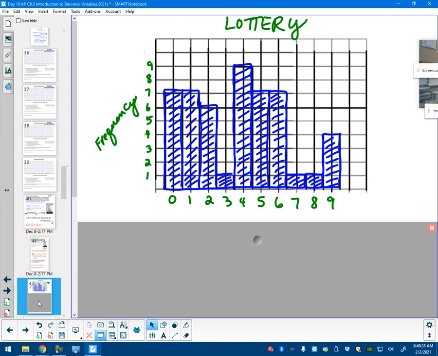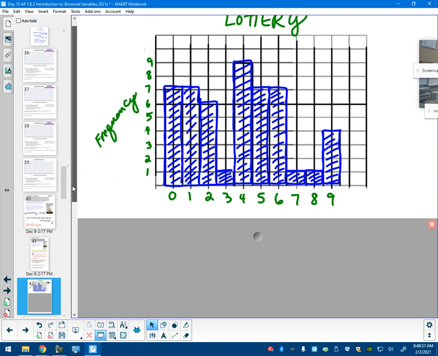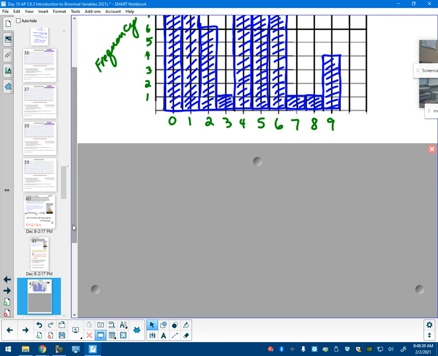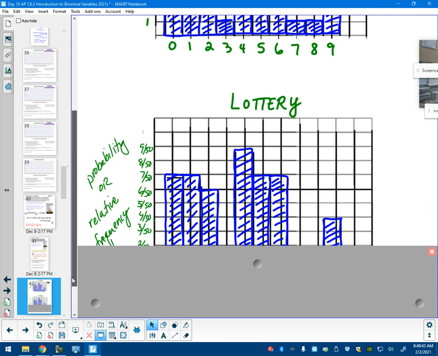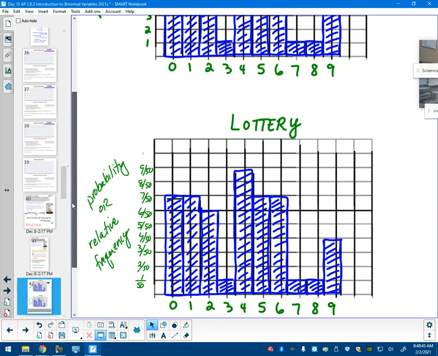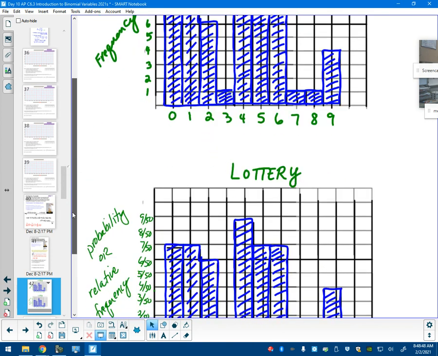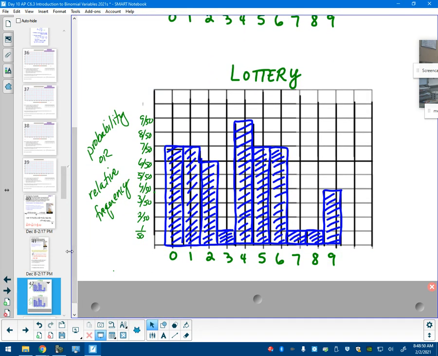Because this was a random event, we could then make a probability distribution. So it turns out that it looks identical. The only difference from a histogram and a probability distribution histogram is that the y-axis has been turned into relative frequencies. But it's still going to have the same shape.